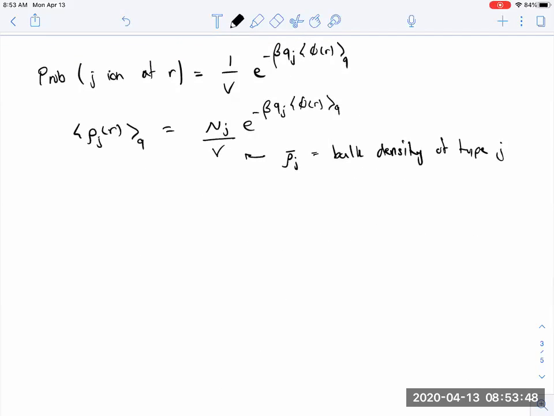And if we know that density, where the ions are, that determines what the electrostatic potential is. So you can see that the left and right-hand sides of these equations depend on each other.